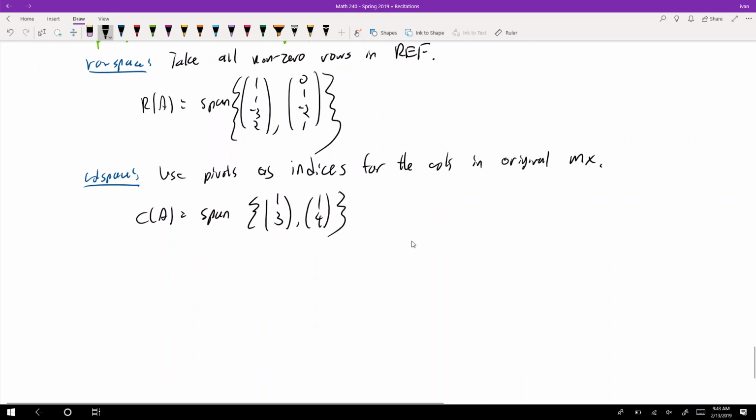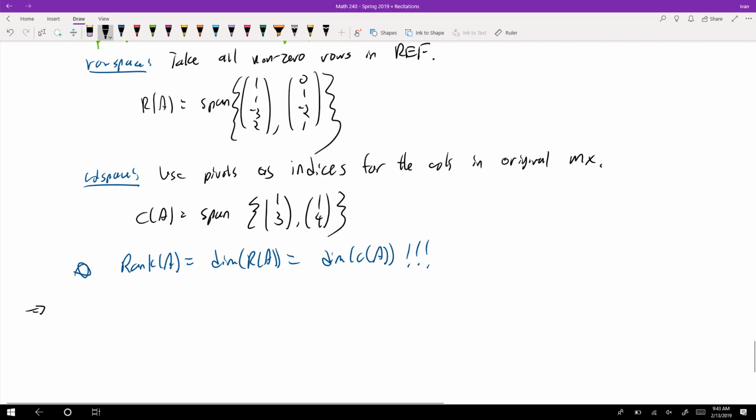So that's an important thing to note, that the dimension or the rank of A is equal to the dimension of the row space, which is equal to the dimension of the column space. Always going to be the case.